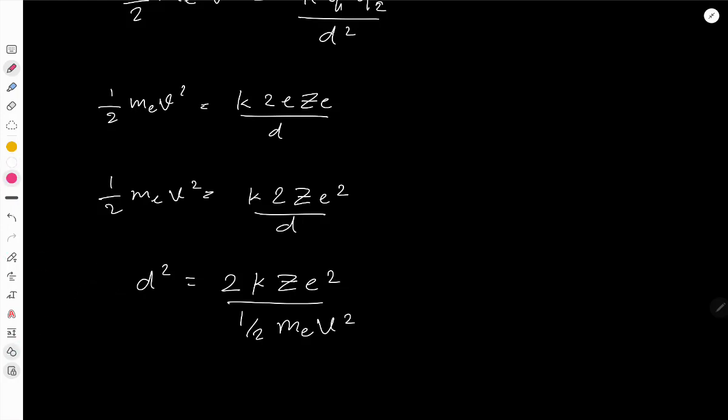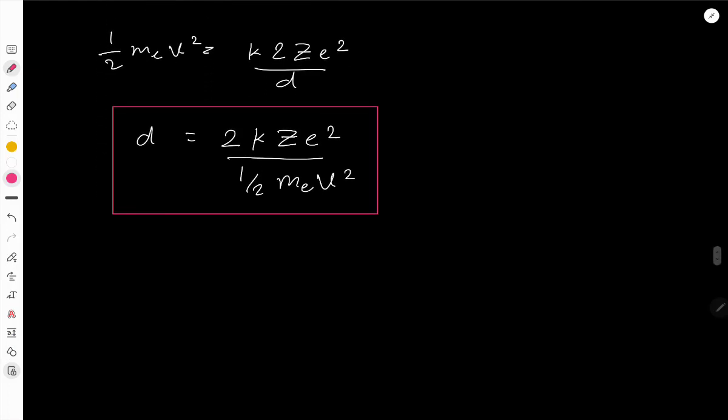Okay, this is the distance that an alpha particle can closest come to.